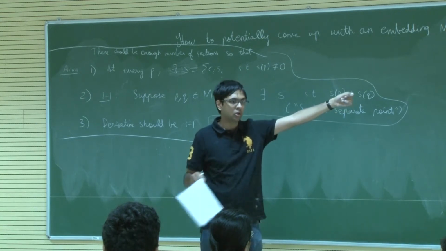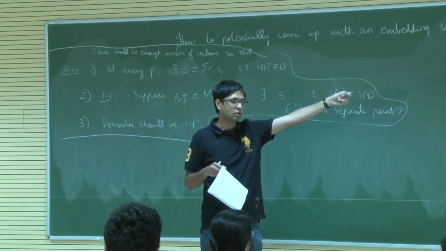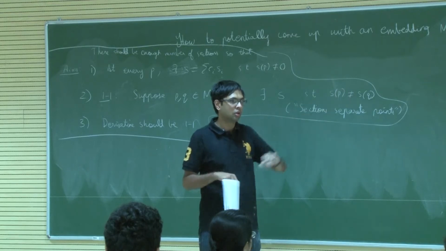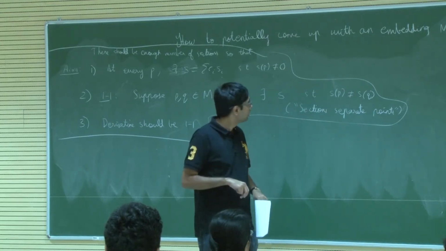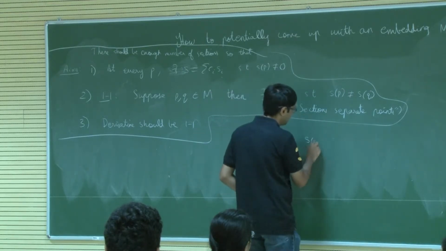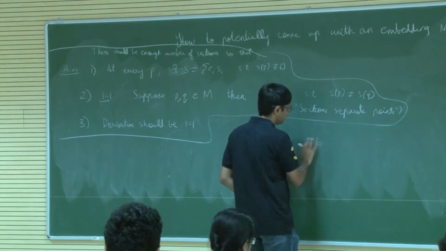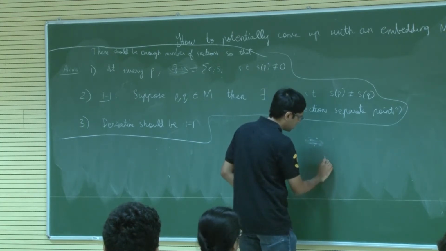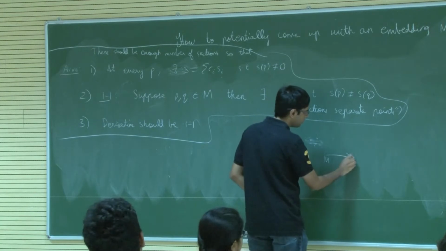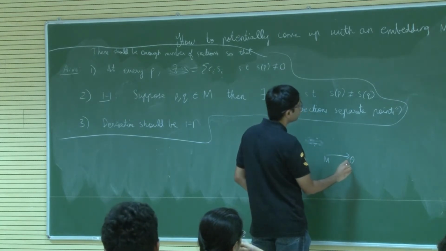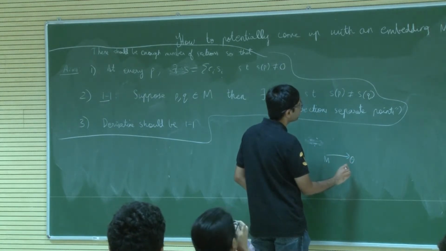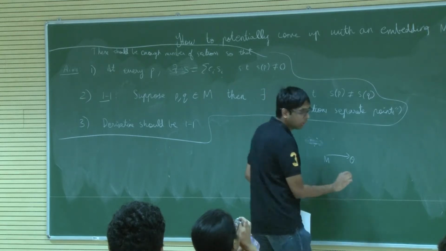So these 2 points should not go to the same point on the manifold. See, S of P, what does this mean? It lies in the fiber. Sure, we need a section which vanishes at P and does not vanish at Q or something like that. Okay, fair enough.